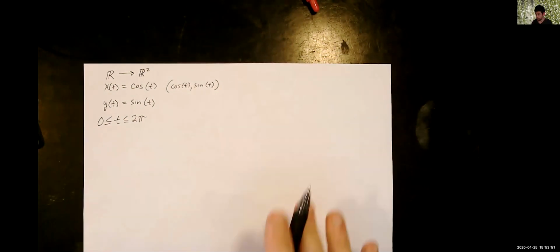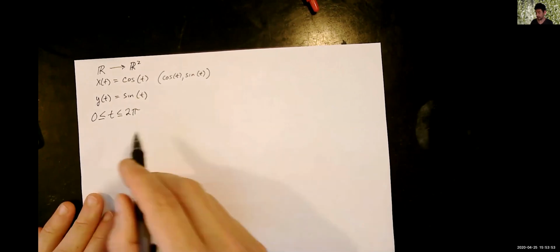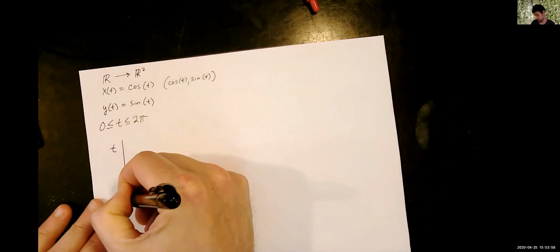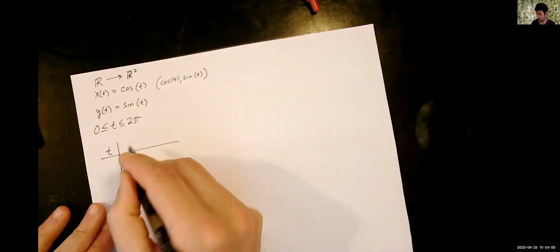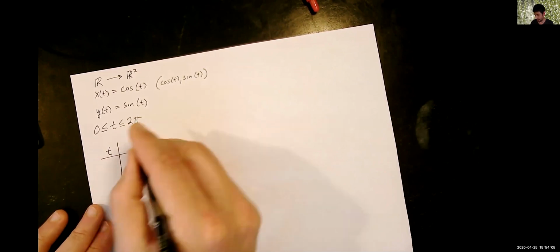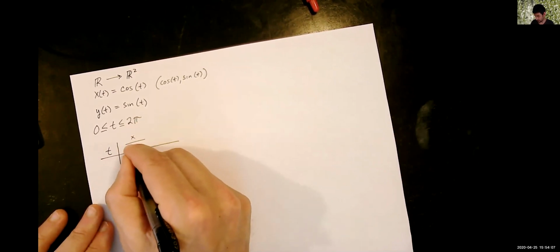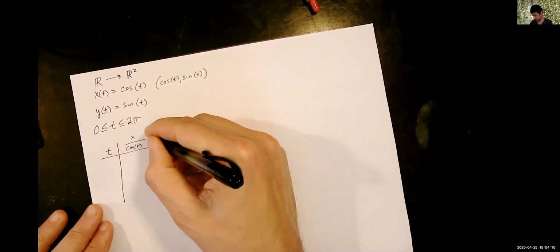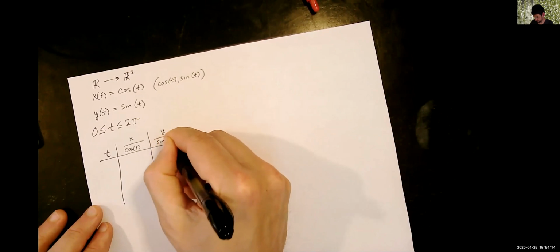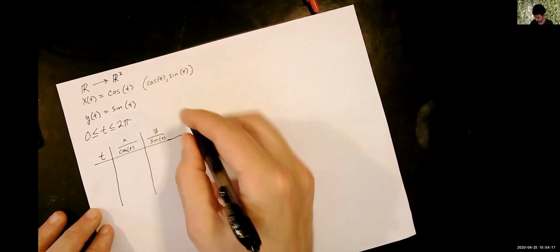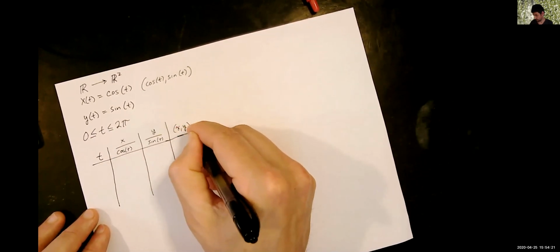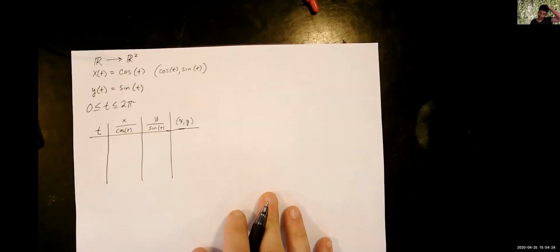Okay. So I just want to investigate what happens as I start at 0 and go through some values of t, and I want to see what x and y coordinates I get. Here I'll put my coordinates, because I want to investigate this graph.